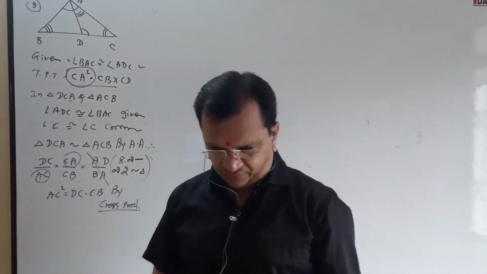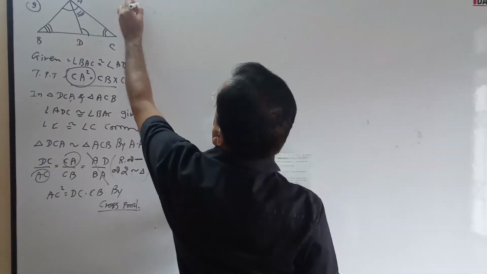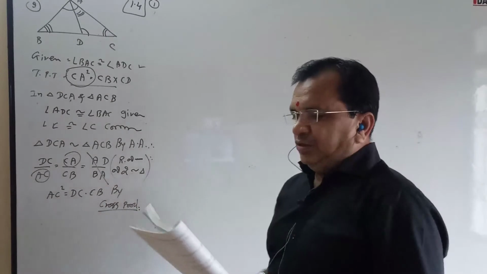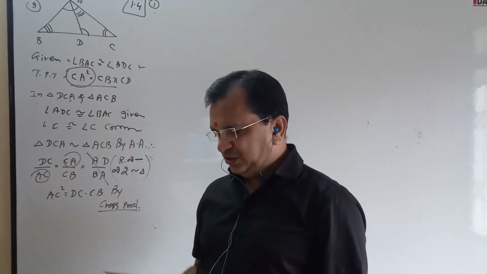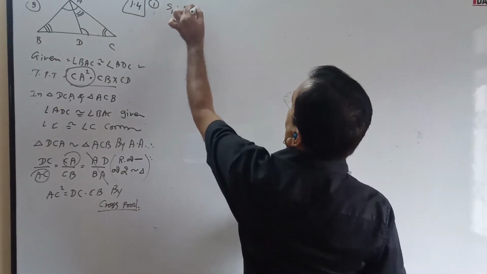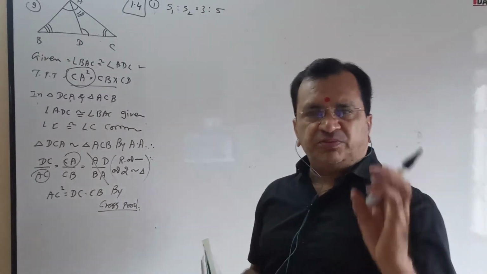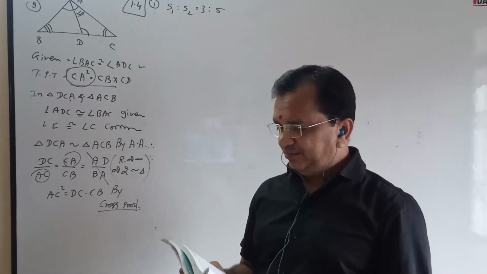Now 1.4: the ratio of two corresponding sides of similar triangles is 3 and 5, S1, S2, 3:5. This type of small sum, when I explained the theorem, I solved 6 types.